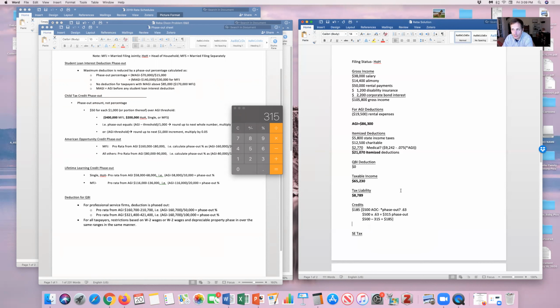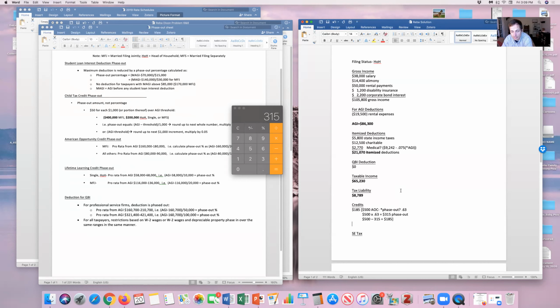And we also want to think now, are there any other credits that Reba can get from the information that we have? And so she has a daughter, Heather. So we could think about the child tax credit, but the child tax credit is for children younger than 17 at the end of the year.